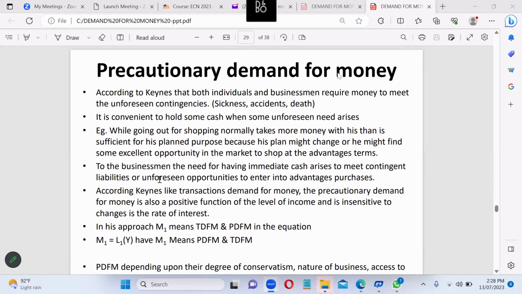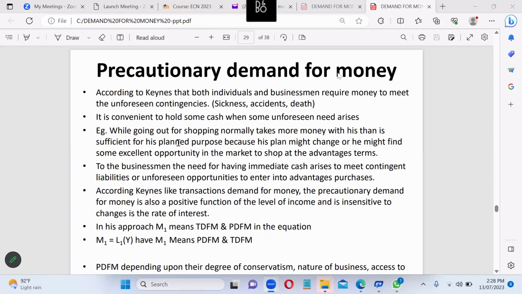For example, while going out for shopping, one normally takes more money with him than is sufficient for his plan. Sometimes we go to the shop with more money, but we only use 1,000 rupees, though in our purse we have 5,000 rupees.